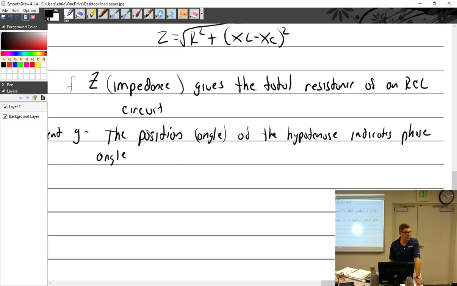And phase angle is the angular difference between voltage and current.